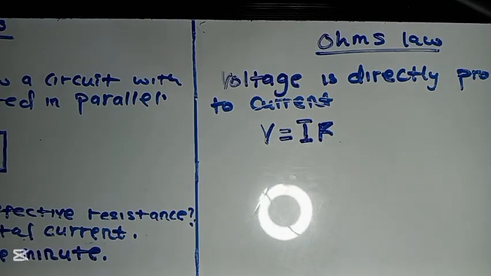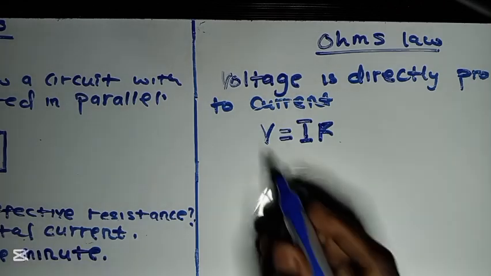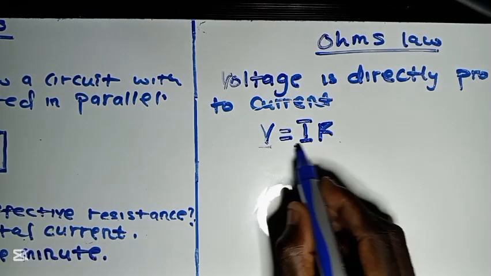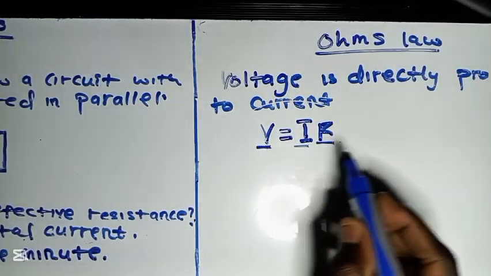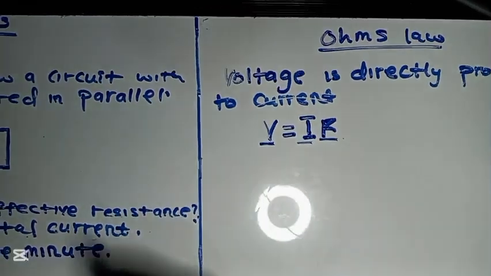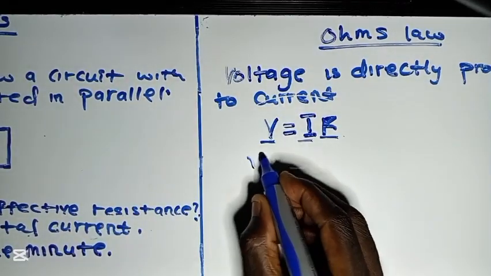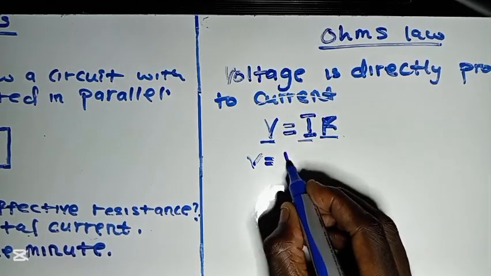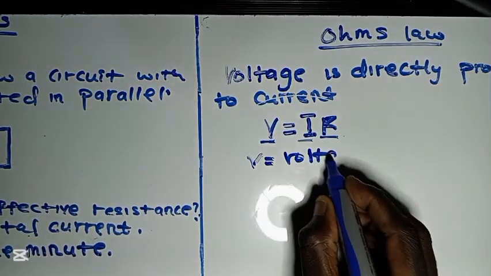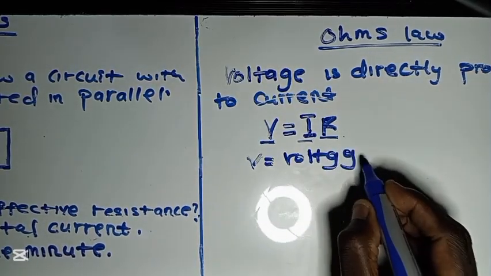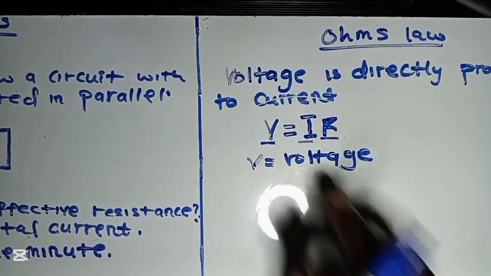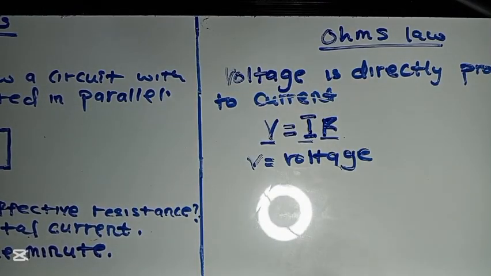The last thing we want to look at is the meaning of each component of the Ohm's law formula. Starting with V, it stands for voltage. So what is voltage?